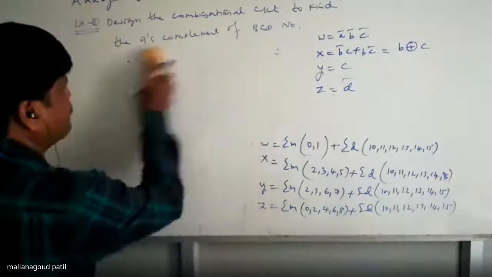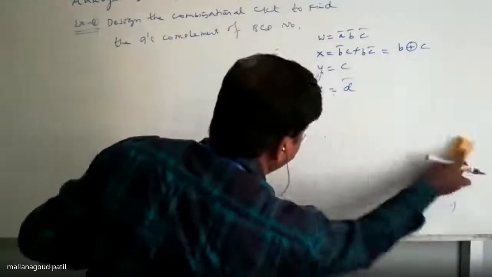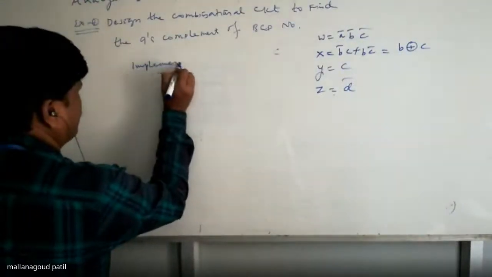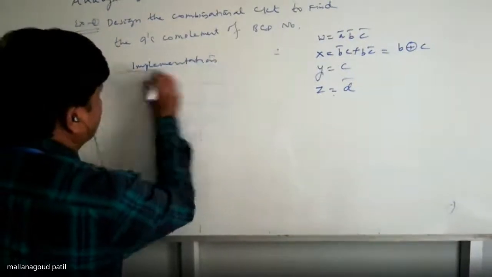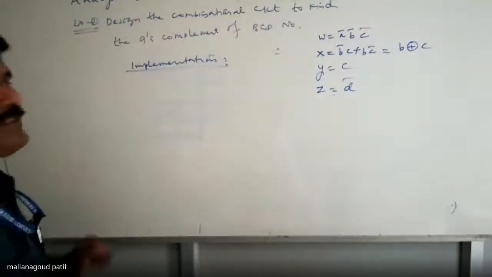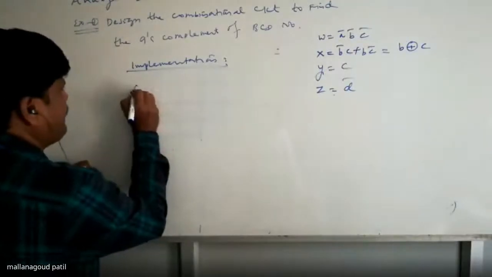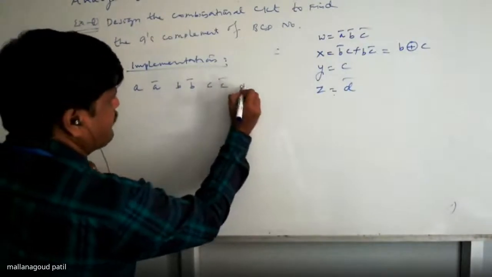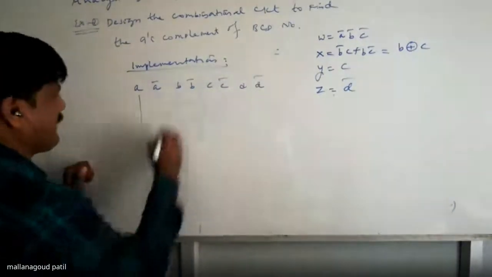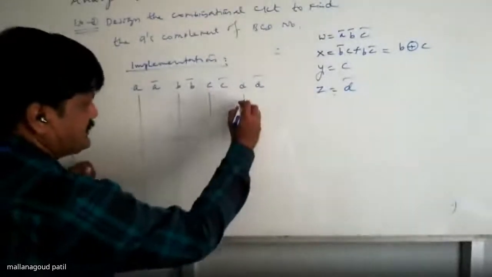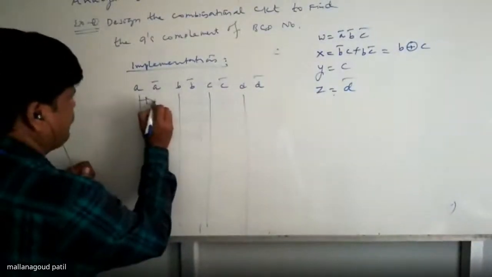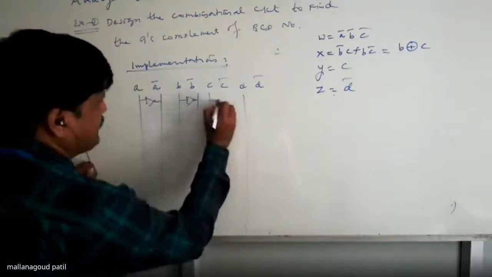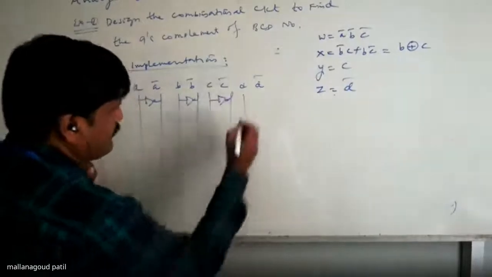Now what to do? You can implement. The implementation will be with basic gates. For the basic gates, you have A bar, B bar, C bar, D bar, so you have one NOT gate each: A to A bar, B to B bar, C to C bar, and D to D bar.